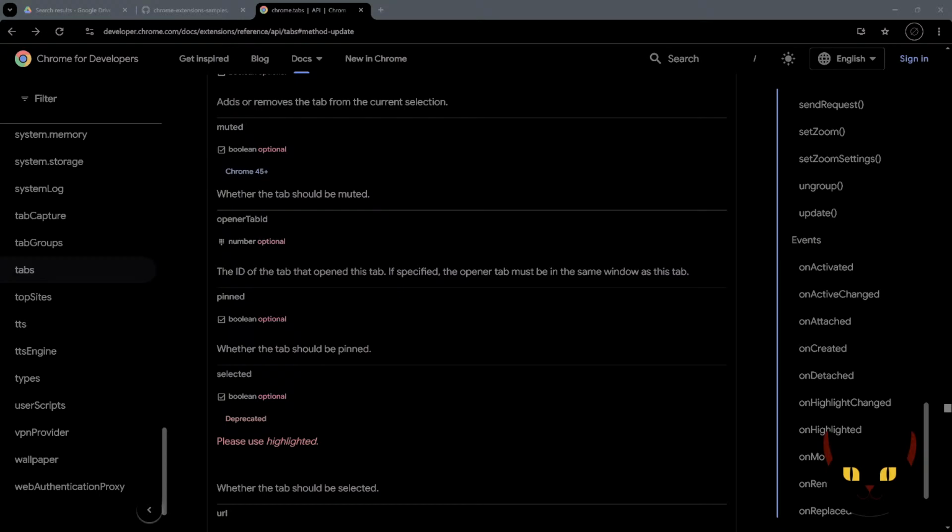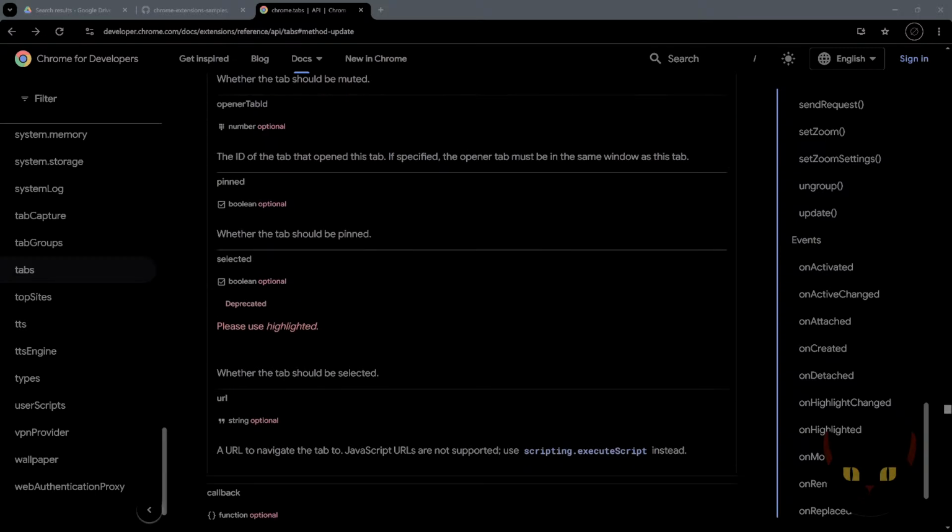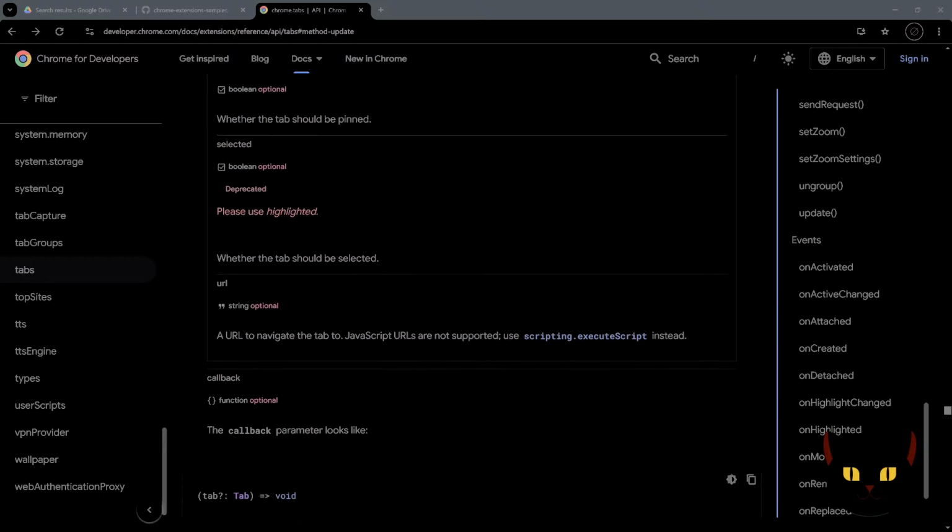Highlighted, muted. Tab that opened this tab. It's pinned, but it's selected.